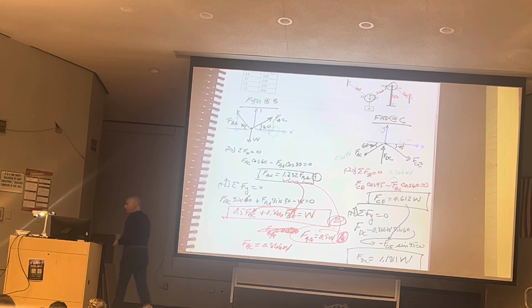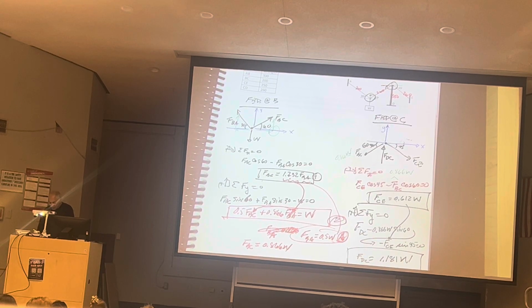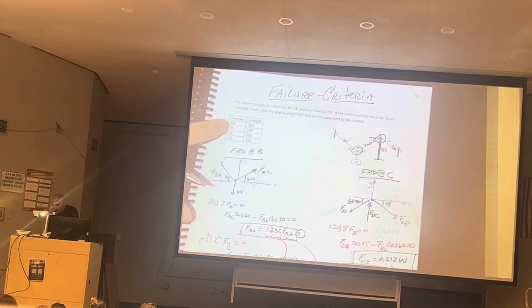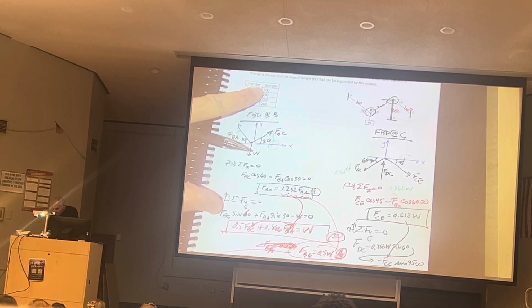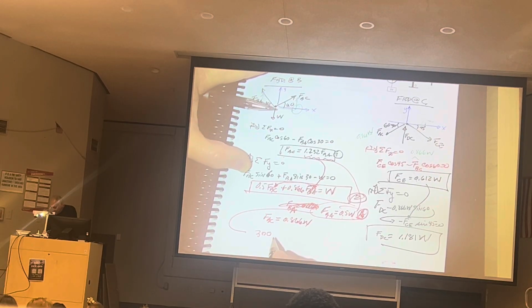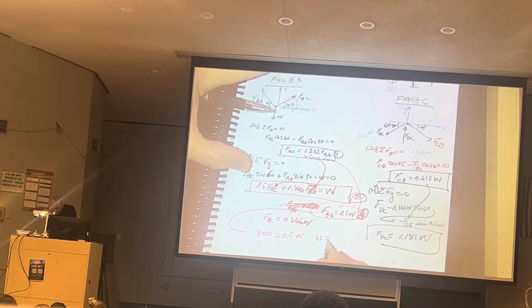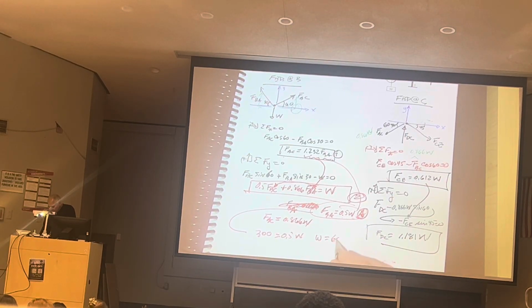Now you apply the failure criteria. What do I know? I know AB has a strength of 300. AB is this, so 300 is equal to 0.5 W. W is equal to 600.